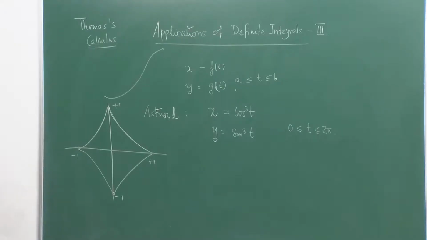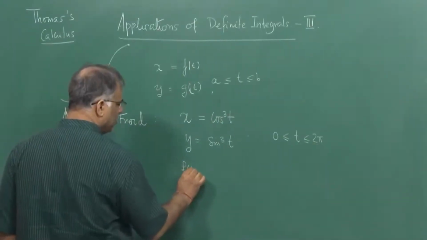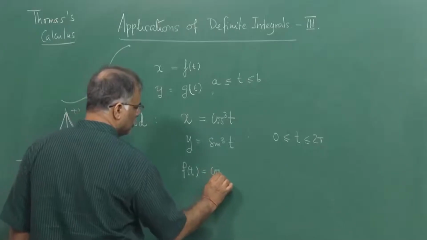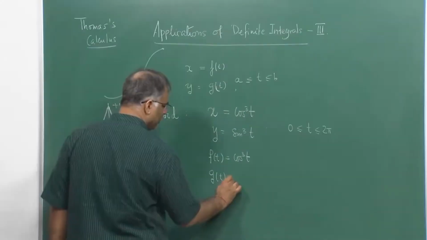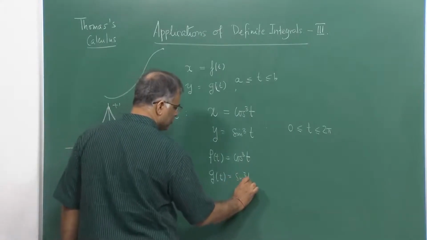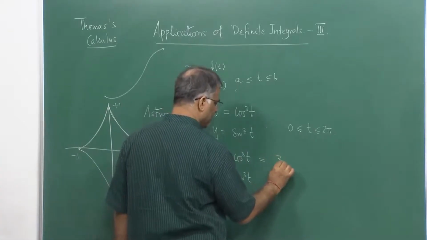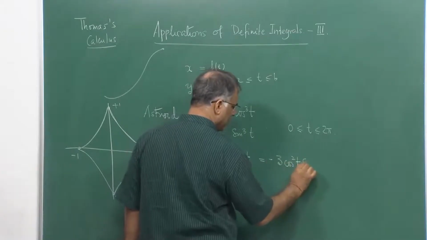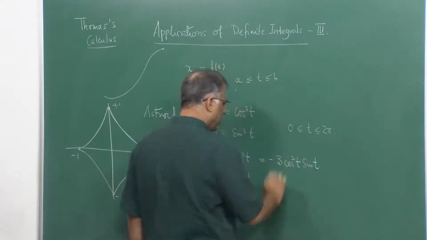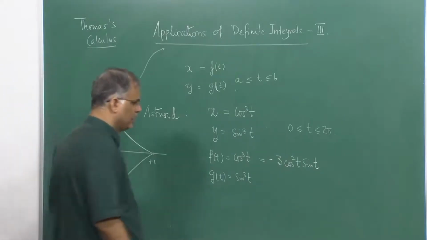So, let me just first find out: f t is equal to cos cube t, g t is equal to sin cube t. So, it is 3 cos square t and then derivative of cos t, which is minus sin t.